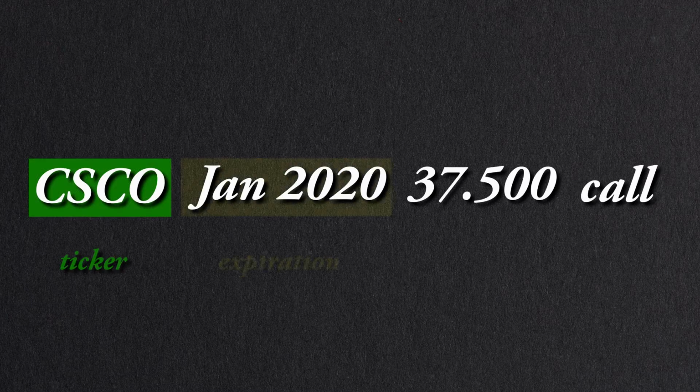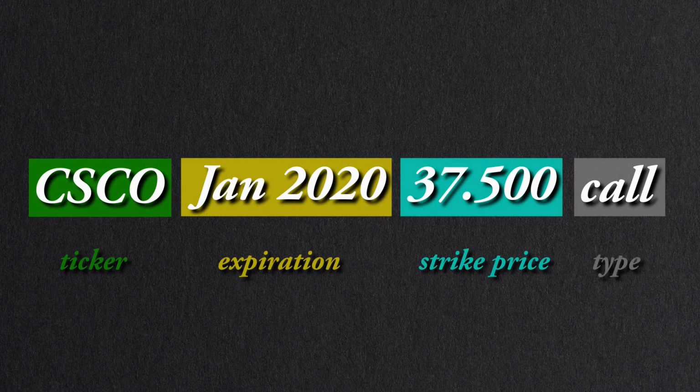So before we get too far along, let's take a look at what an actual option looks like. So you go to buy an option. This is what it looks like. In this example, it's a Cisco call that expires in January 2020. In this case, it would be the third Friday of January when that call expires. And the key thing there on that expiration is the strike price.